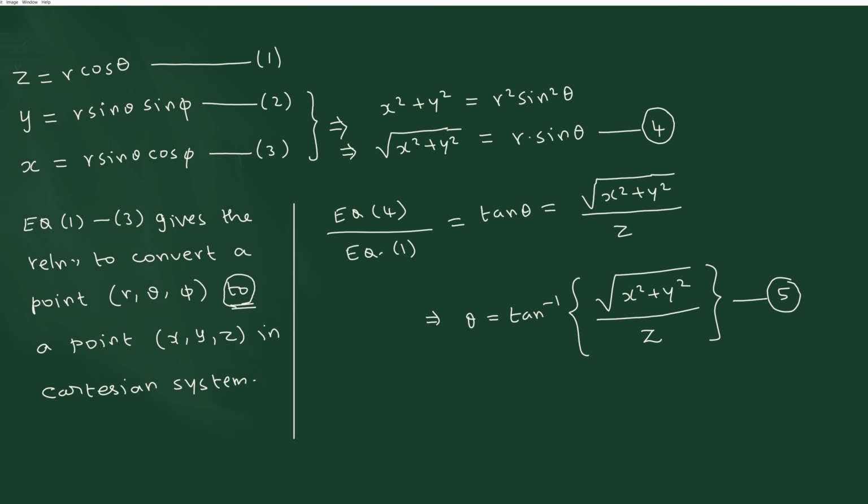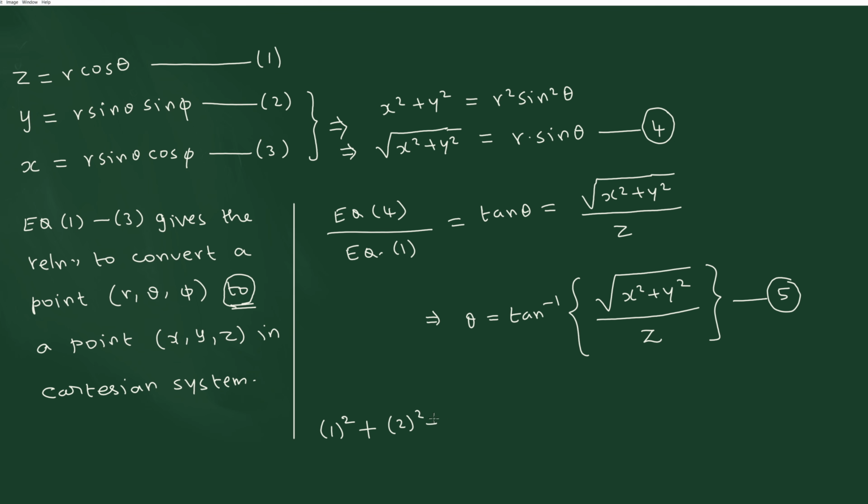Similarly, we can do some more manipulation by squaring and adding all the 3. Let us do that. Equation 1 you square it, and then equation number 4 also you can square and then add. Equation 1 square plus equation 2 square, of course that's the meaning.